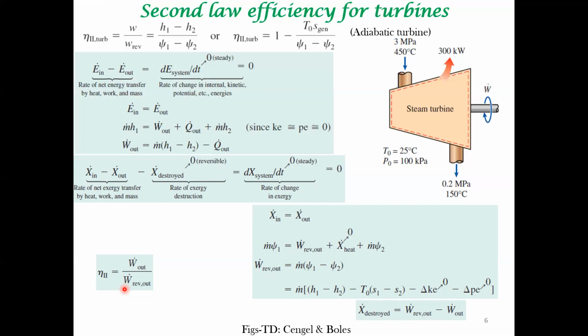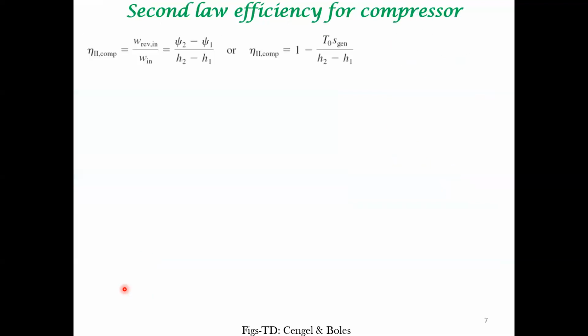All right. Then this is for second law efficiency for a device that requires work. In the previous system, we had looked at a work generating device, that's the turbine. Here we are looking at a compressor wherein the work is input into the system.